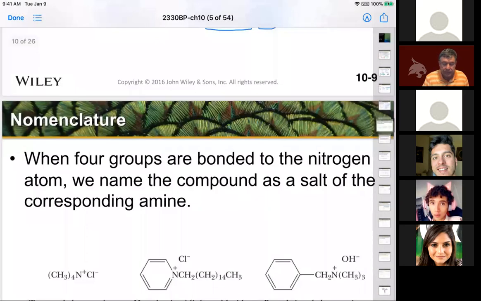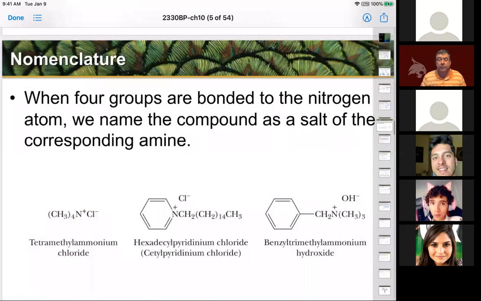Now, because that nitrogen has that lone pair, and because nitrogen can act as a Lewis base, it can actually bond a 4th time and get a positive charge. Whenever we bond that nitrogen a 4th time and get a positive charge, we call them amine salts, and they're typically called ammonium salts.